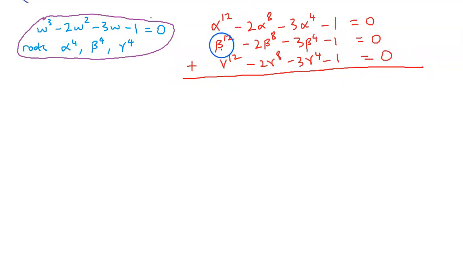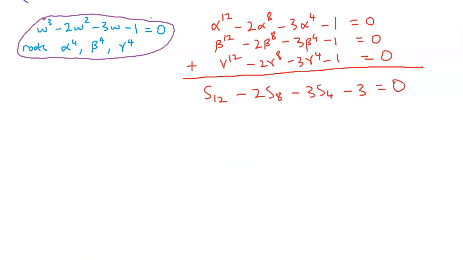Alpha to the 12 plus beta to the 12 plus gamma to the 12 is the thing we're looking for. That's S12 minus 2 times S8, because that's alpha to the 8 plus beta to the 8 plus gamma to the 8. Minus 3 times S4, and then minus 1, minus 1, minus 1, so minus 3. And that should equal 0.